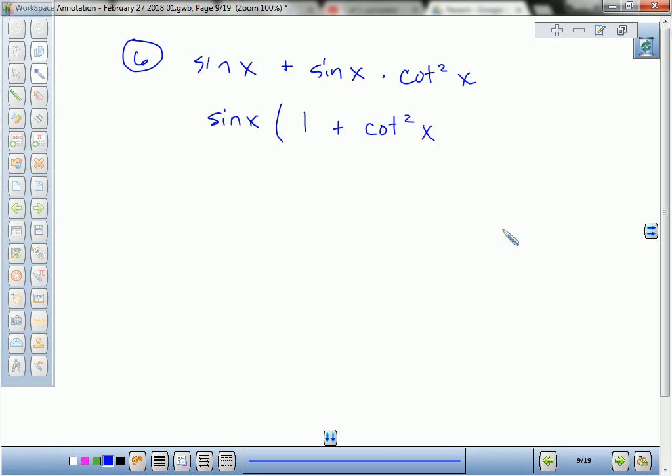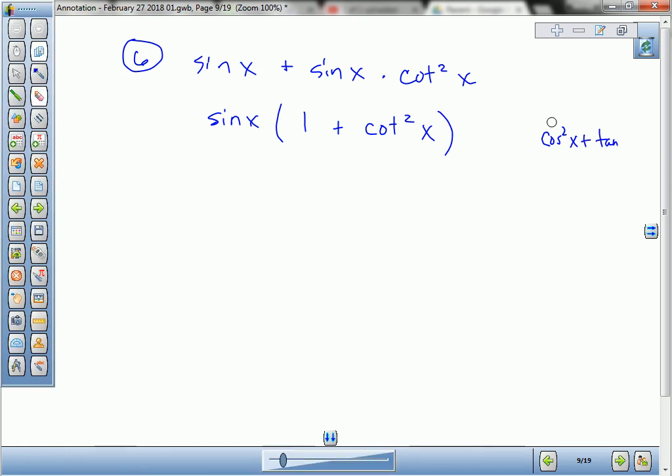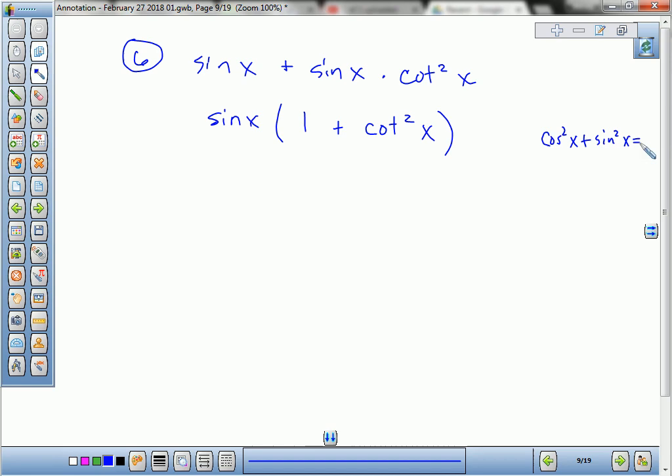In my brain, I know that comes from those Pythagorean identities. I want cotangent, so what am I going to divide by?